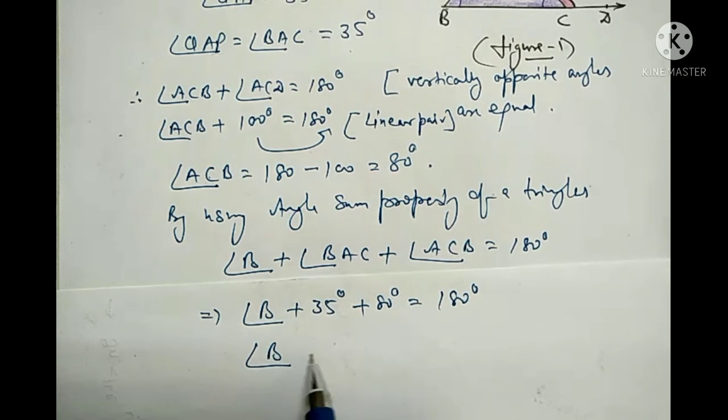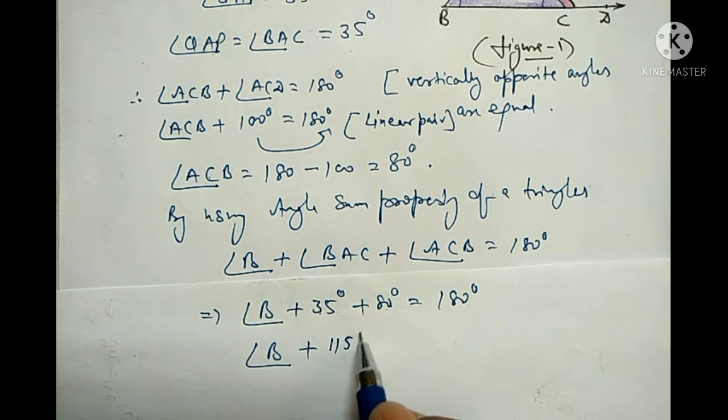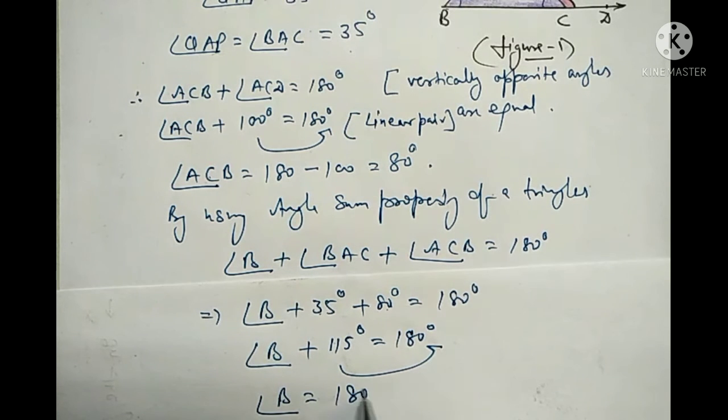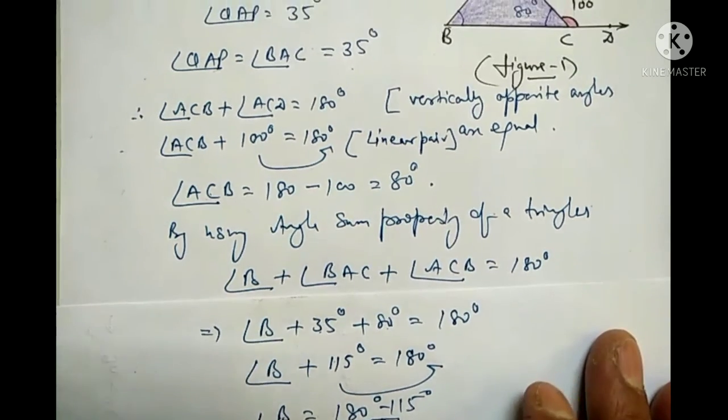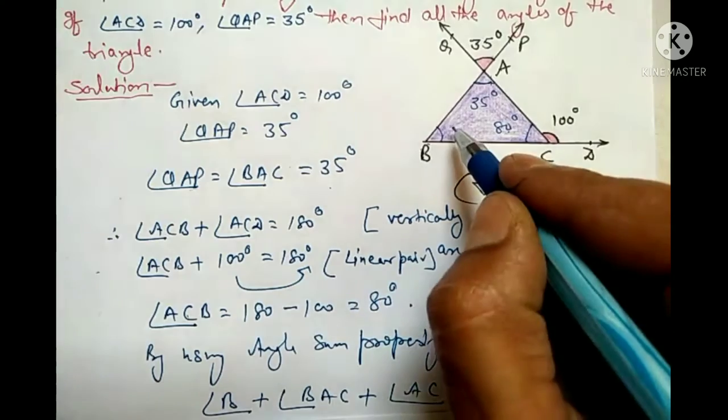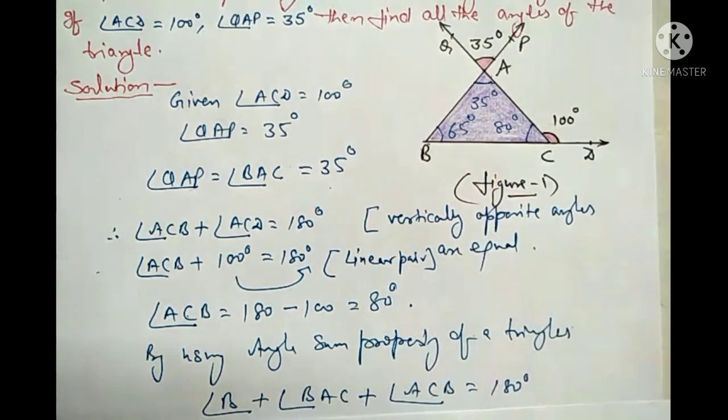So angle B plus 80 plus 35, which is 115 degrees, equals 180 degrees. Taking 115 to the right hand side, angle B equals 180 minus 115 degrees, which is equal to 65 degrees. So in this way we calculate the value of angle B, that is 65. So this angle becomes 65 degrees. So in this way we calculate all the angles of the given triangle.